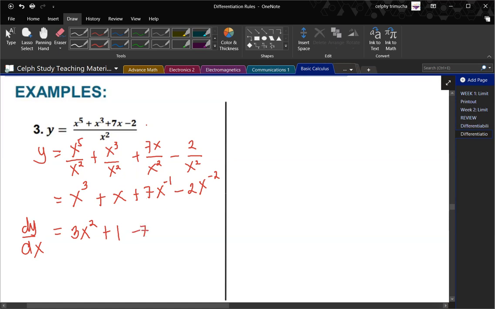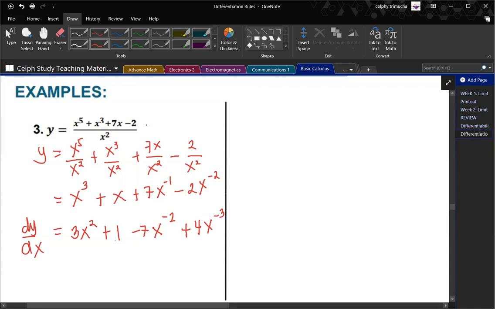So minus 7 na lang ko. X raised to negative 1 minus 1 will be negative 2. Minus. So negative 2 times negative 2, that will be positive 4. Copy ko ang x. Then negative 2 minus 1 will be negative 3. So, amo na aton answer.